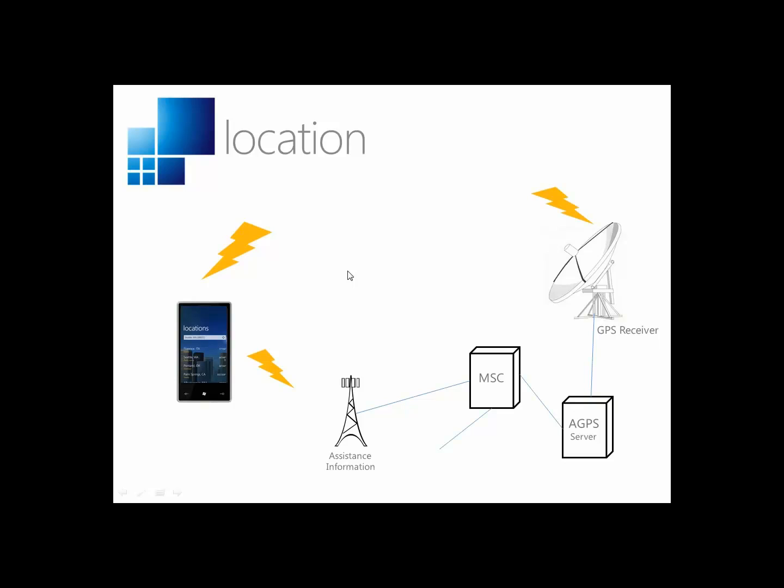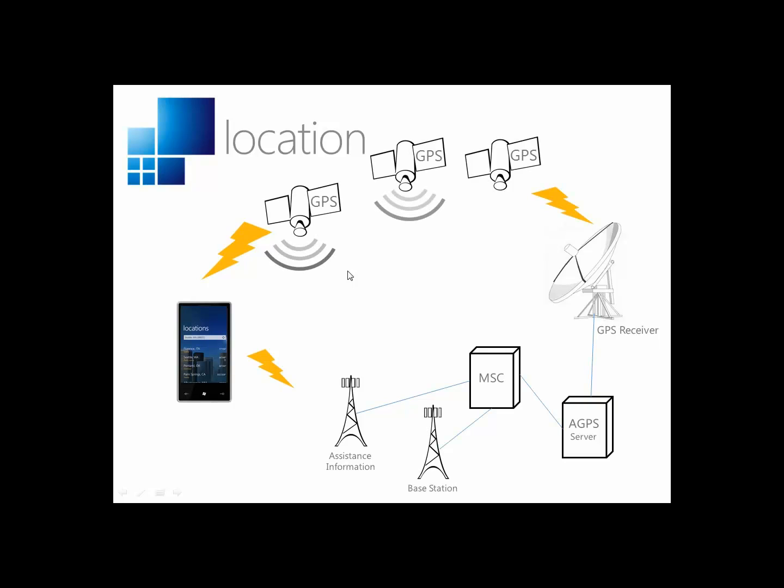Now you notice that it said it has to be an assisted GPS. What that means is that GPS is tough to get a lock on. If you've ever used any of those running armbands or even GPS in your car, you sometimes have to wait a few minutes for it to get a connection to the GPS satellites. It could be anywhere from 2 minutes to 5 minutes.